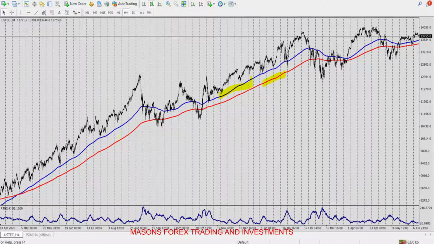You can see price touches once, twice, thrice. Again, more action on the blue moving average. You can see we touch again. So you can consistently see there is reaction on the blue line.